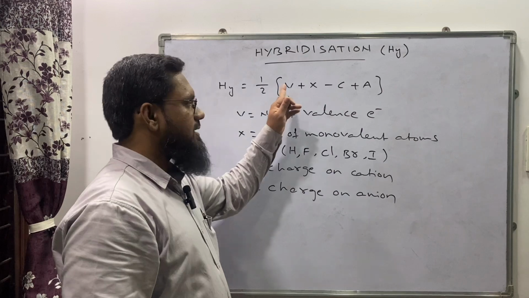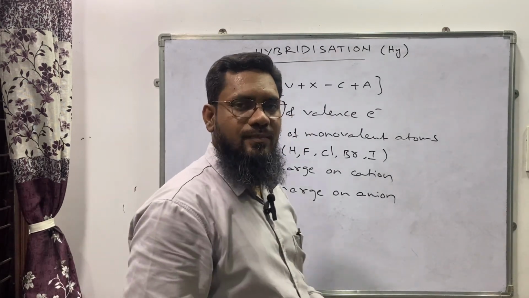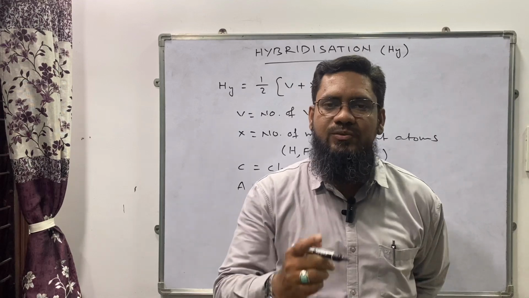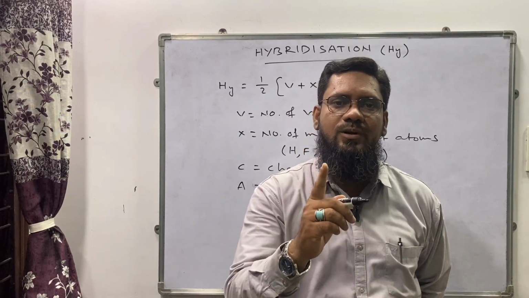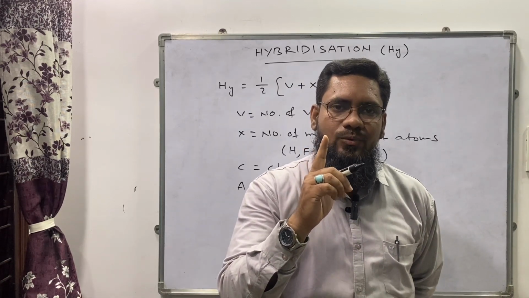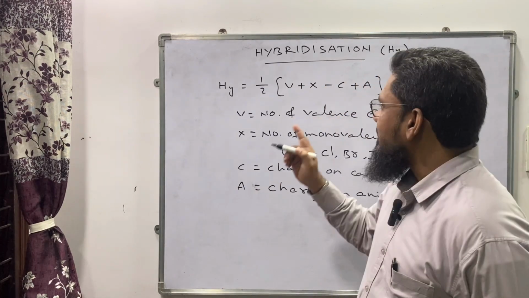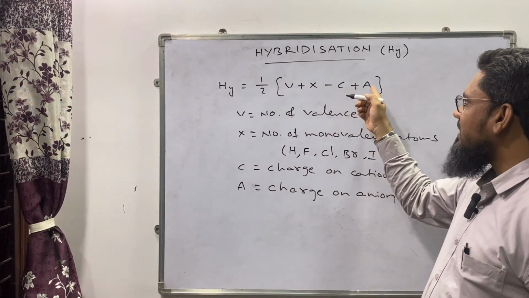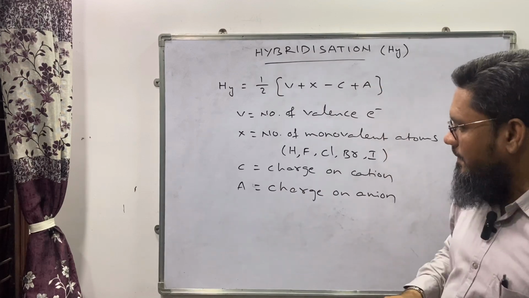So V is the number of valence electrons, X is the number of monovalent atoms, those atoms which form only one bond. C is the charge on cation, A is the charge on anion.